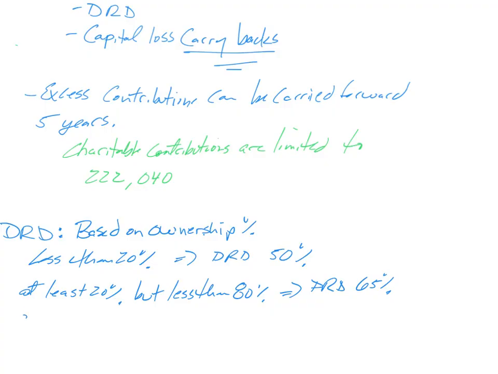If you are 80% or more for your ownership, then your dividends received deduction equals 100%. So in our situation, what do we know?